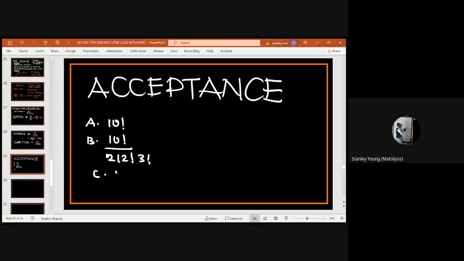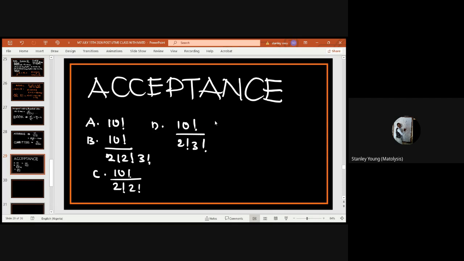C, we have 10 factorial over 2 factorial, 2 factorial. And D, we have 10 factorial over 2 factorial, 3 factorial. What should be the answer? 10 factorial. Are you sure? How will you say 10 factorial? Acceptance. Look at it carefully now.